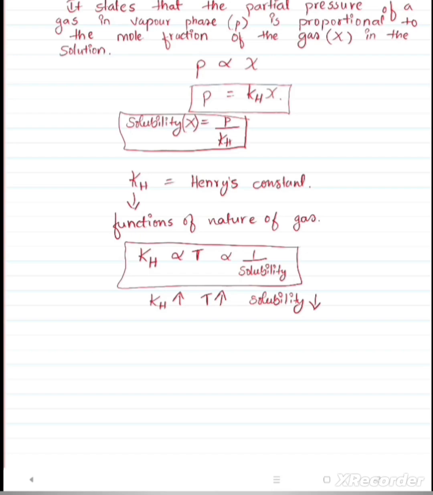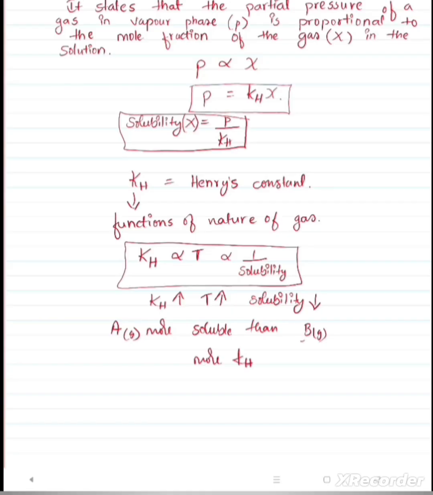Sometimes they will ask a question from two gases. Gas A is more soluble than gas B, then which gas has more KH value? More KH value means less solubility.